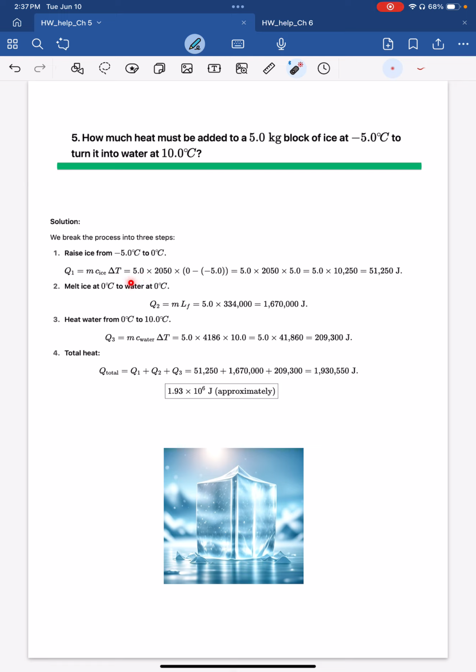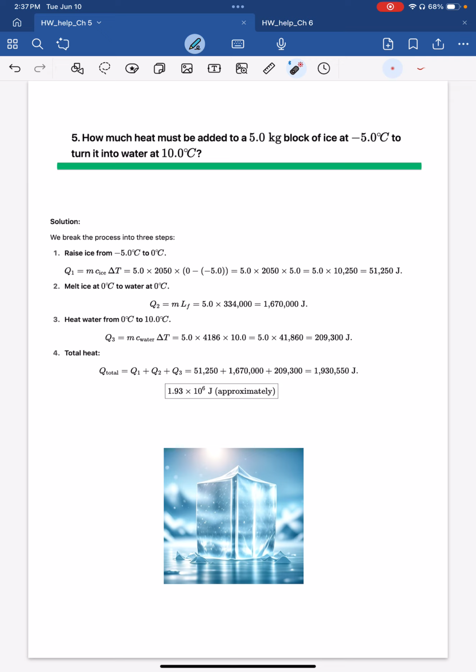So you got 5 kilograms of ice. This is the specific heat of ice. And then change in temperature is final, take away the initial. That's why it's 0 minus -5. The two negatives make a positive. So you end up with this, all right? And when you do the math, you would get 51,250 joules. So that's the heat required just to get ice from -5 to 0 degrees Celsius.